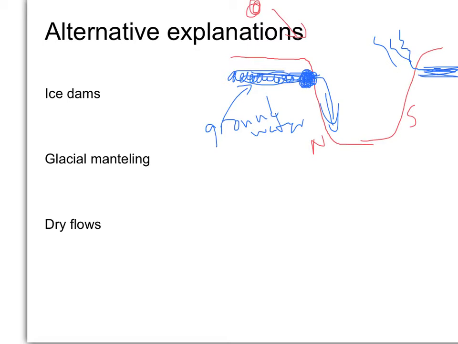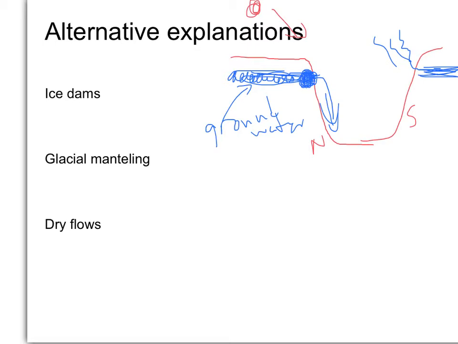Okay, so here's a mechanism. It's a plausible mechanism. It explains the distribution. We would not expect to see these gullies at the equator because the slopes at the equator are not cold enough to create these ice dams. Therefore, we're never getting an accumulation of water behind the ice dam to burst out and run down.